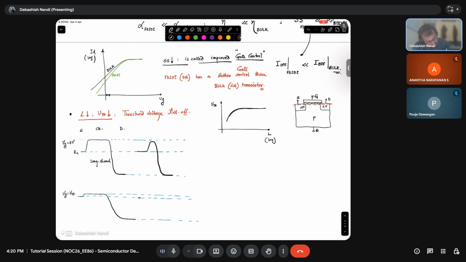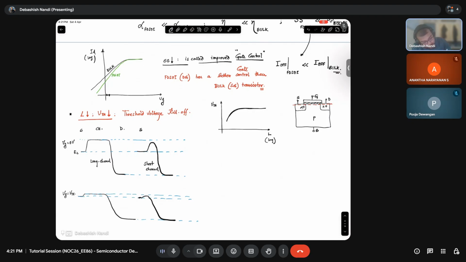Now let's say for a short channel device, I'll have something like this. So this is a short channel device.